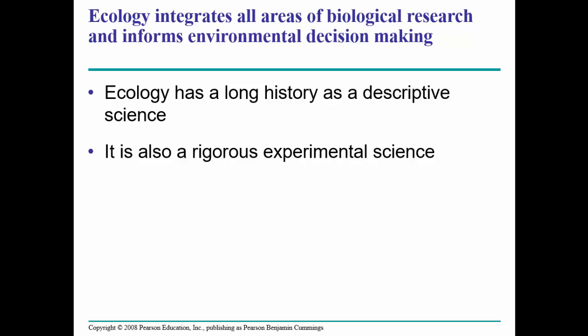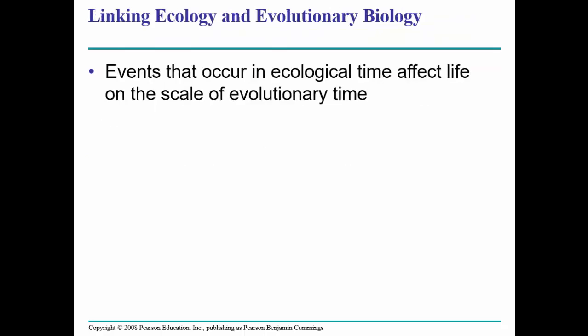Ecologists sometimes also do many experiments, and the experiments are sometimes very complex and involve many variables. So it's not as simple as descriptive, even though they try to make a description of their findings. Okay, so it is also a rigorous experimental science.